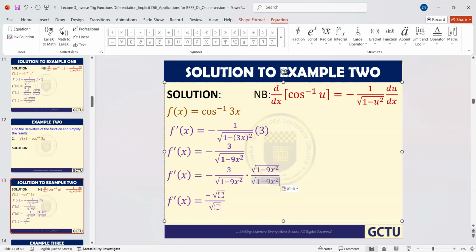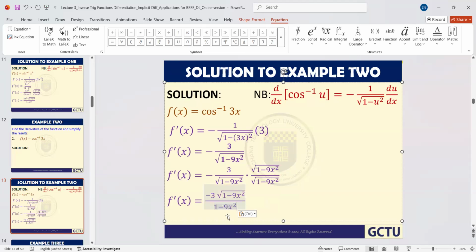Okay, now what happened to the numerator? The numerator will simply become 3 multiplying the root sign. So here, in front of this, I'm going to get minus 3, and then the denominator is going to be what I have here. This time, the denominator will no longer have the root sign.